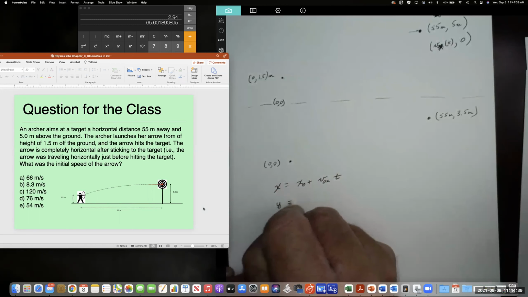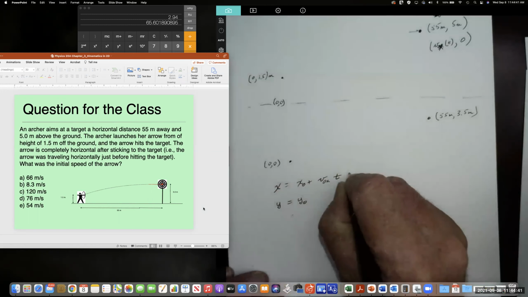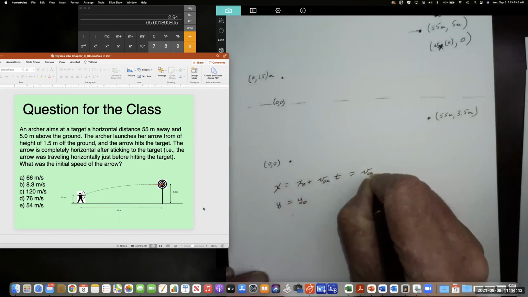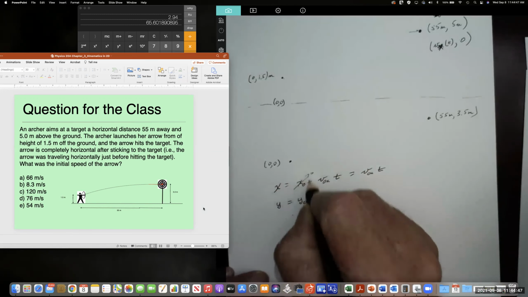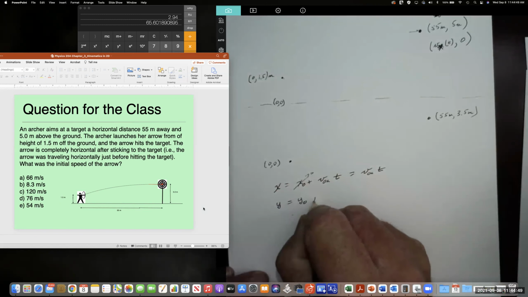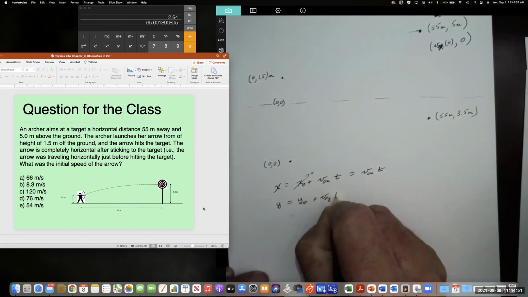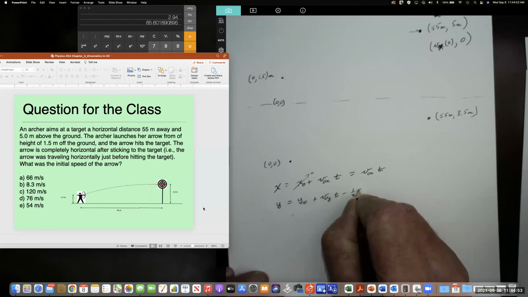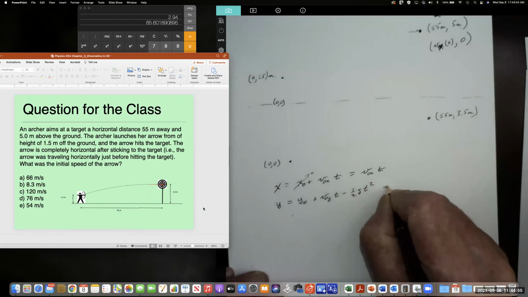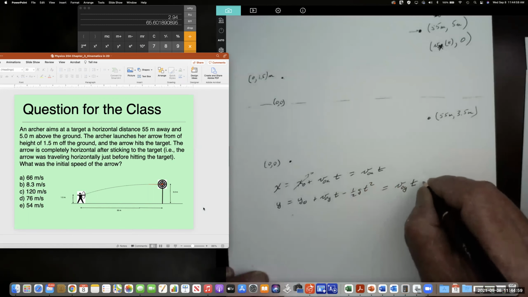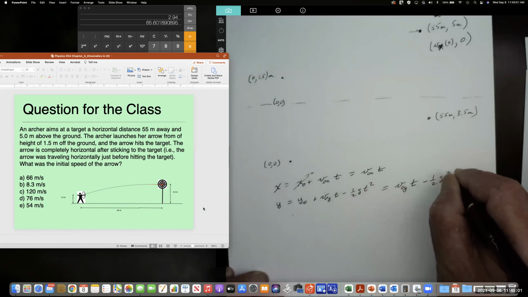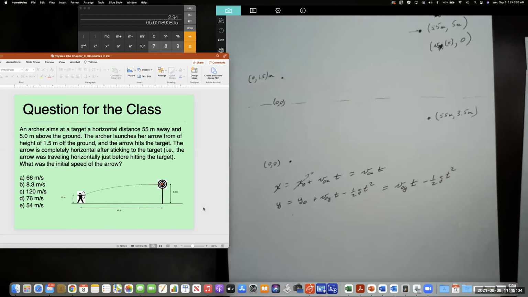I can write y is equal to y0 plus v0y times t minus 1/2 gt squared, which is just equal to v0y times t minus 1/2 gt squared. But again, I don't know time.